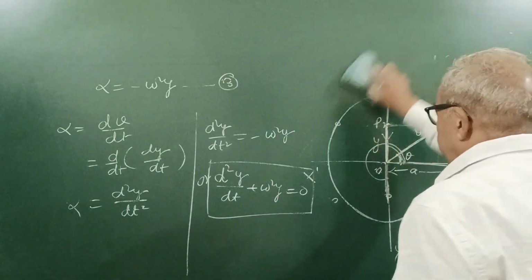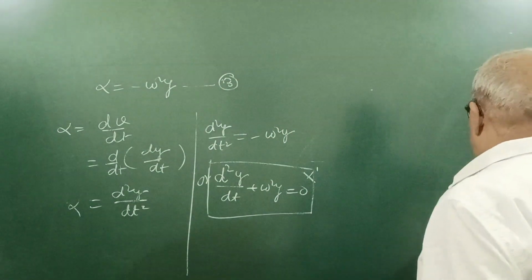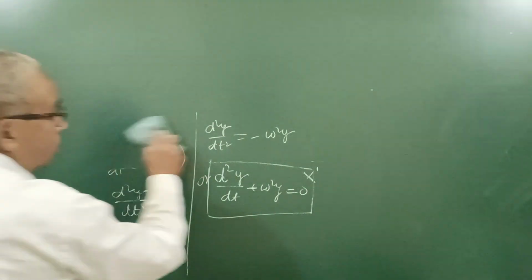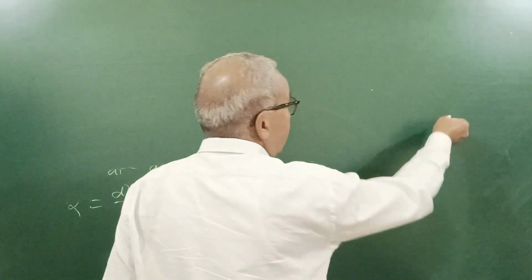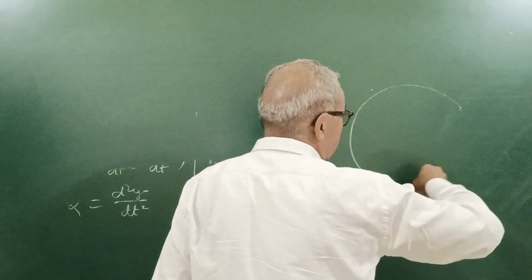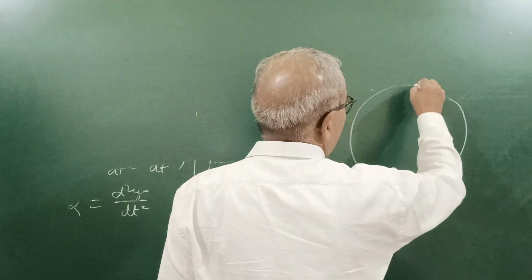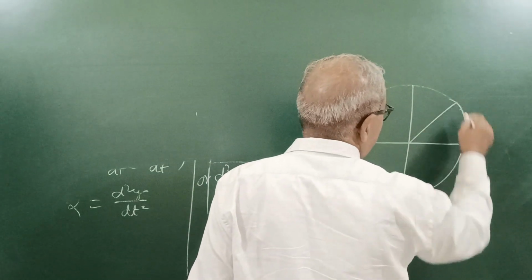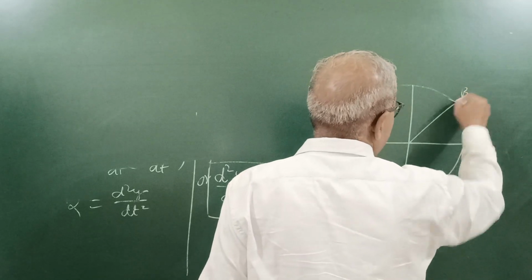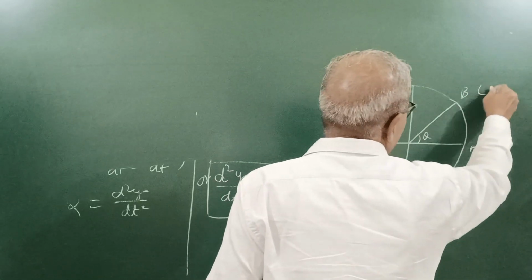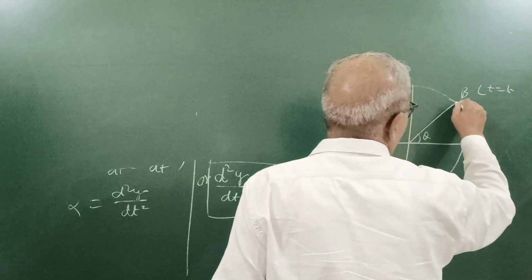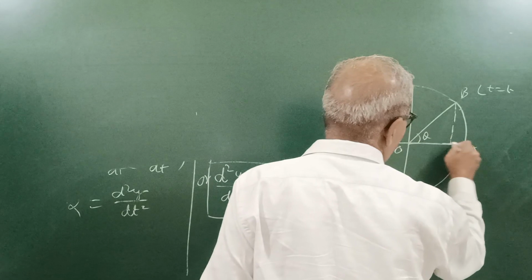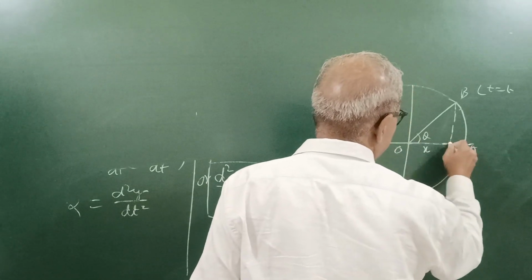So now I take another view of this reference circle. This is the reference circle again, the same, and here is the point at angle theta at time t. I take the projection here. Then the displacement will be taken along the x-axis.